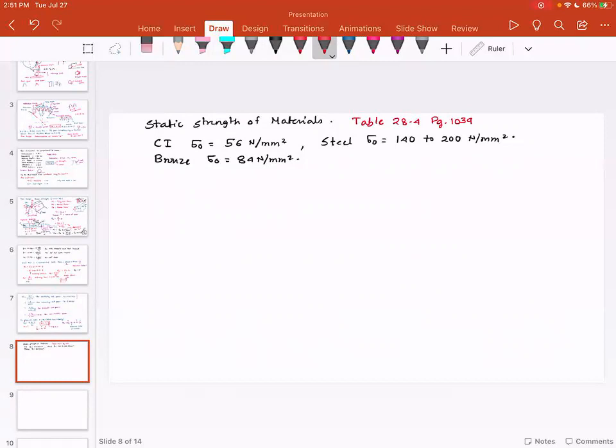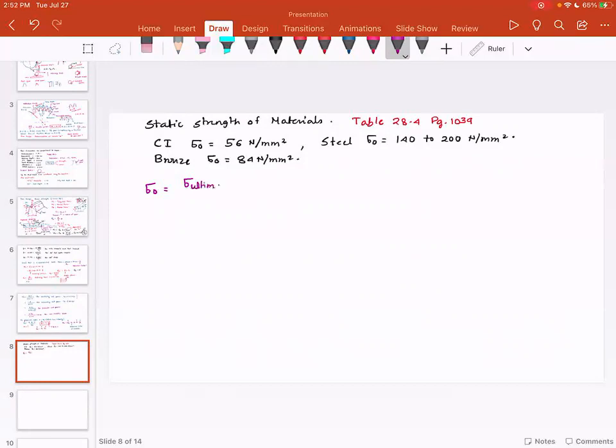And if you need an approximate value of sigma O, say somebody gives you some exotic material for which you don't know the accurate value of sigma O, then sigma O can be determined in terms of sigma yield or sigma ultimate.